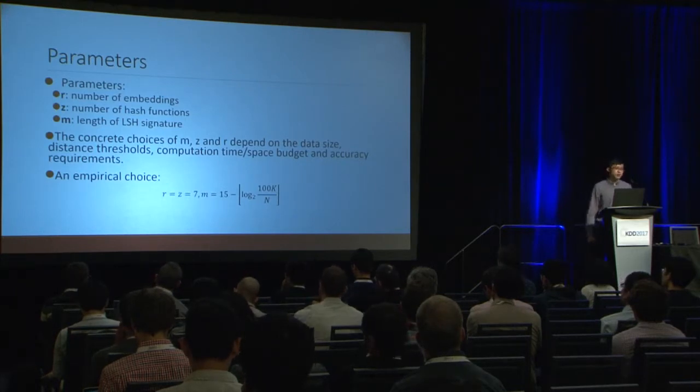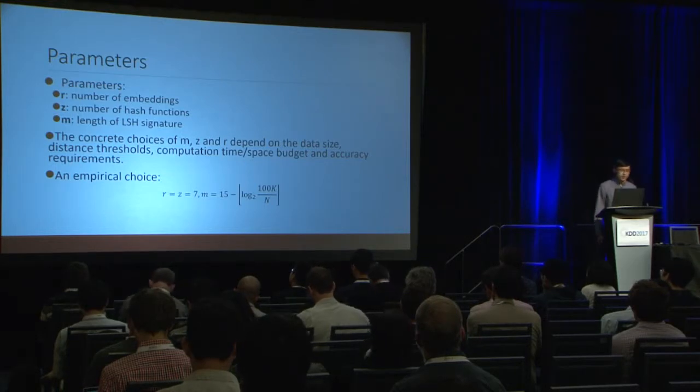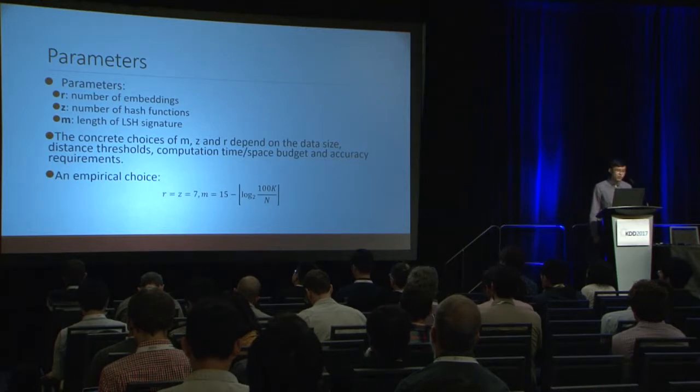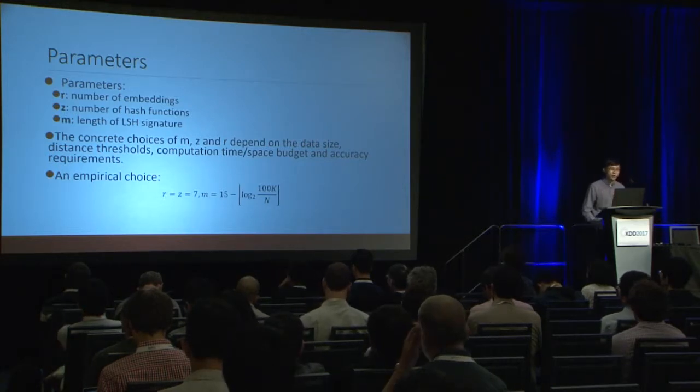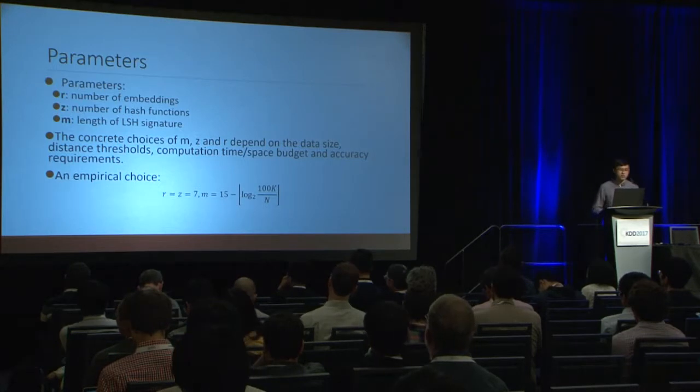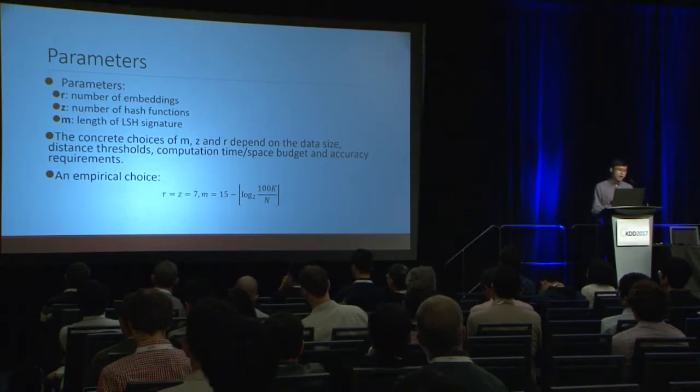So here are the parameters in our algorithm, which are R, the number of embeddings, Z, the number of hash functions, and M, the length of the LSH signature. The choice of these parameters depends on datasets, threshold, time, space budget, and accuracy requirement. For instance, when you increase R and Z, you could decrease the number of false negatives.